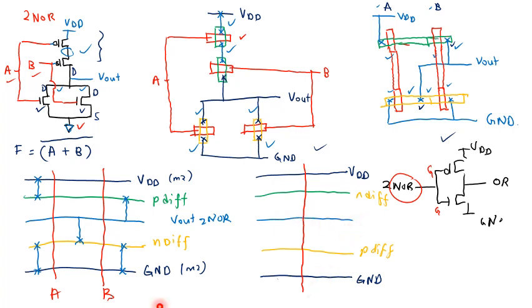So I will remove this part on the right side, so that we have to extend this one up until here. Okay, like this. And then we have a VDD connected to the source. Okay, so you have it like this.